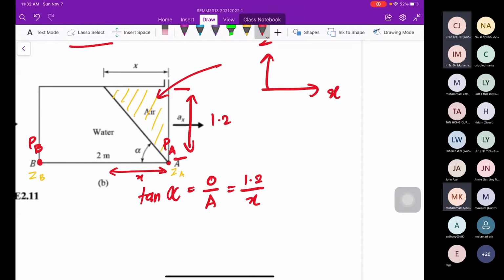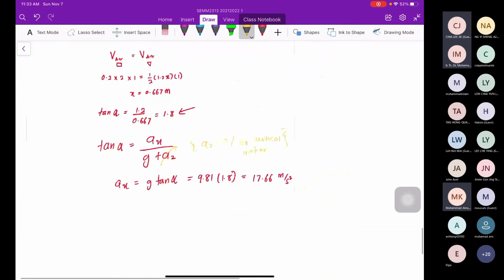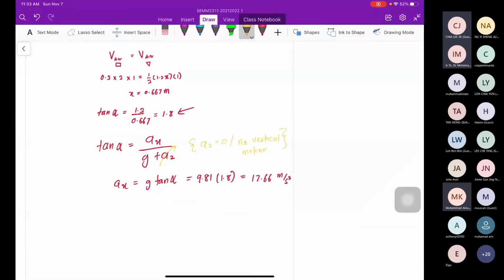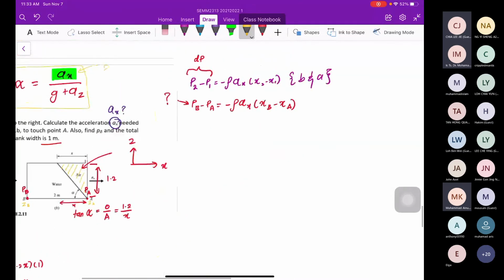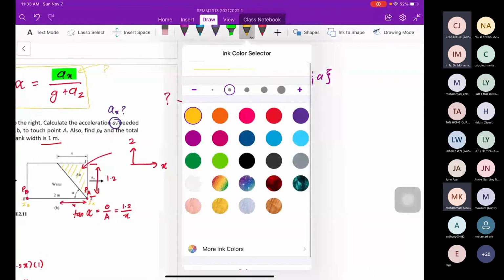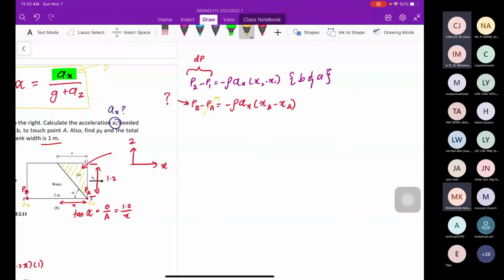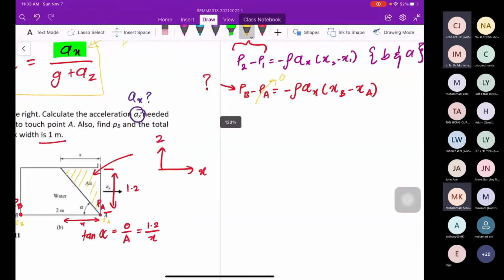Class, are you there? 0. Please respond. It is 0 because at point A, it is exposed to the atmosphere. Thank you for responding. So we can cancel out PA because it is 0.